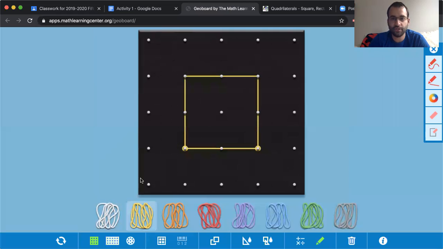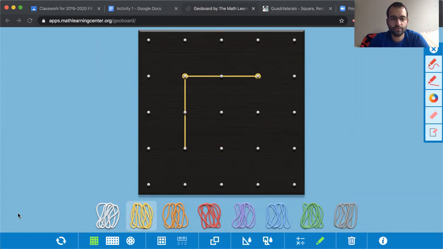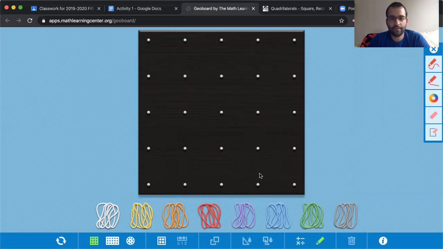So I'm going to go back to the small GeoBoard, and I'm going to erase, let's see, all of these. Okay, let's see here. Let me move that. All right. Thank you for being patient while this happens. Okay.